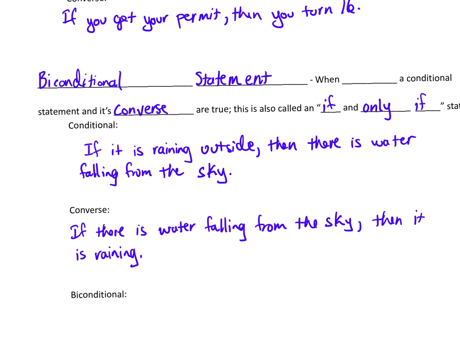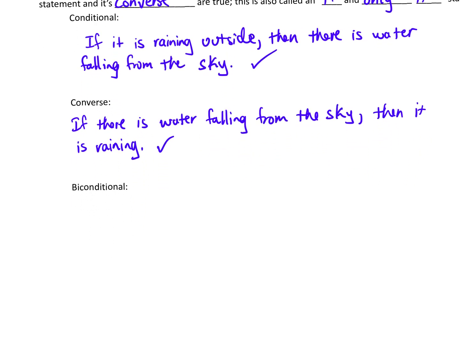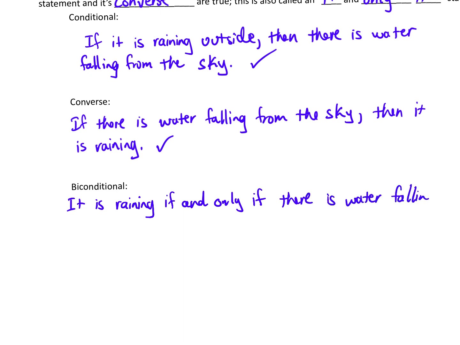So then we want to check for biconditional, they have to be both true. If it is raining outside, then there's water falling from the sky. Yes, that's true. If there is water falling from the sky, then it is raining. Well, yes, that's true too. So the biconditional, we would say, it is raining if and only if there is water falling from the sky.